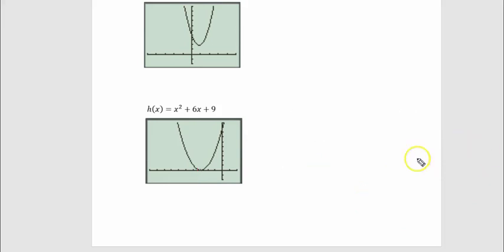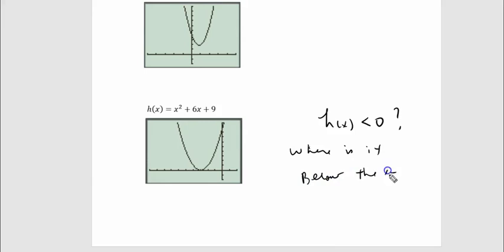And then where is it strictly less than 0? That would be where is it strictly below? And it's not strictly below the x-axis anywhere. So again, that's another one that does not exist, or the empty set. It doesn't happen anywhere.